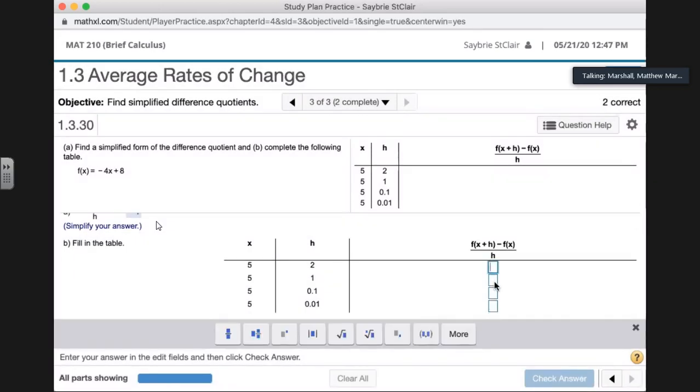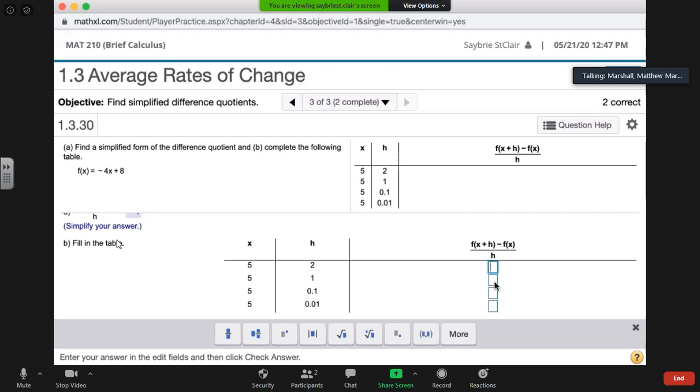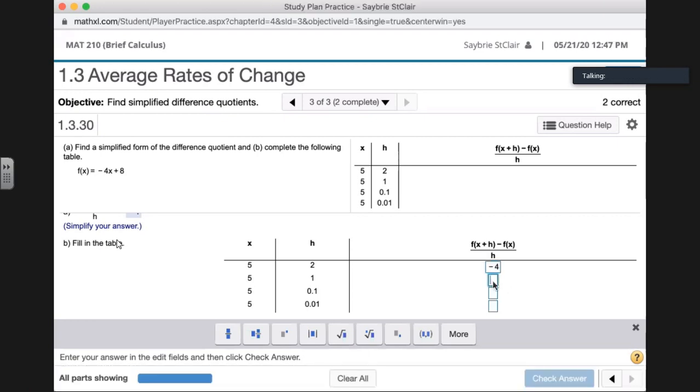Which means they're all going to be -4, right? They're all -4s. I think. We'll see.